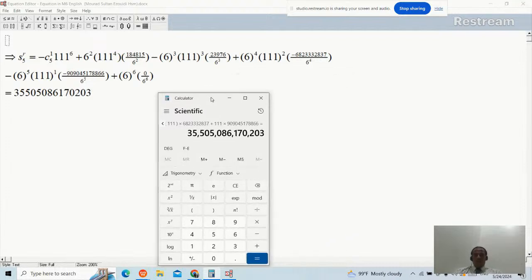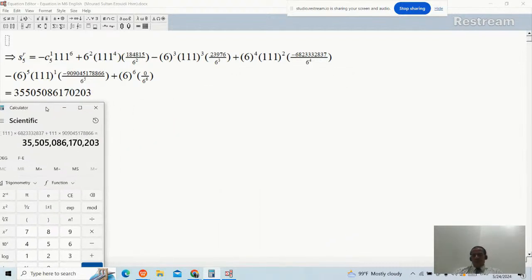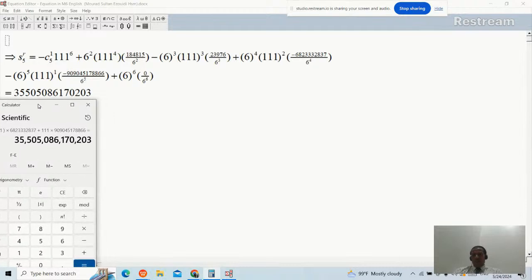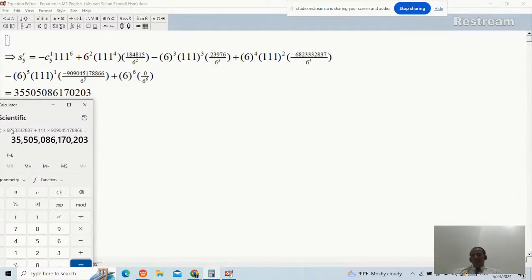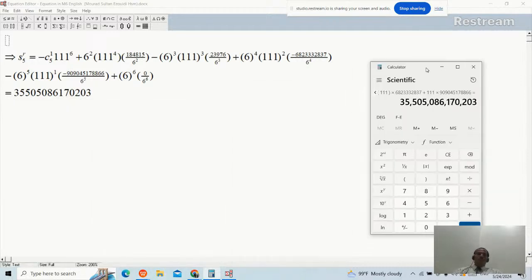This one, I mean, learners. Like that. 335,555,005,008,866,117,700,222,003. Therefore we obtain the same value.